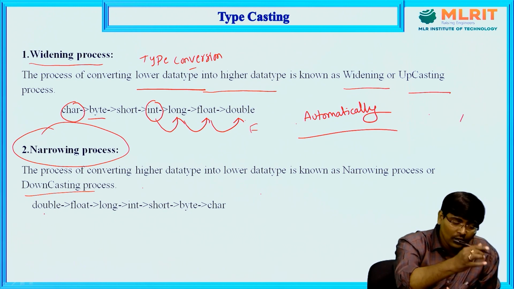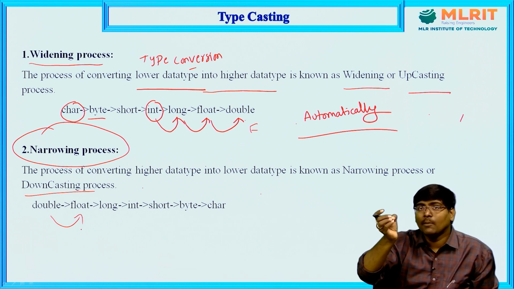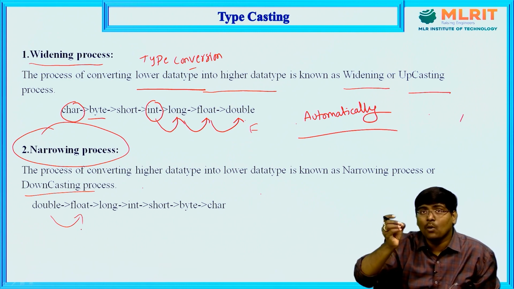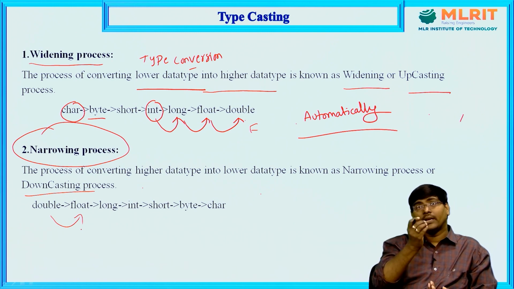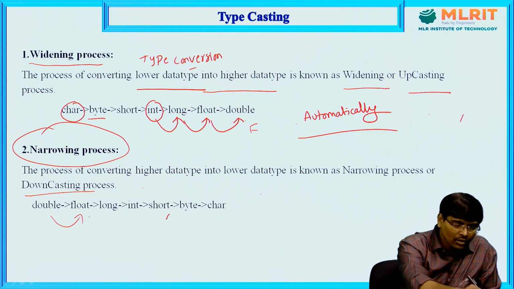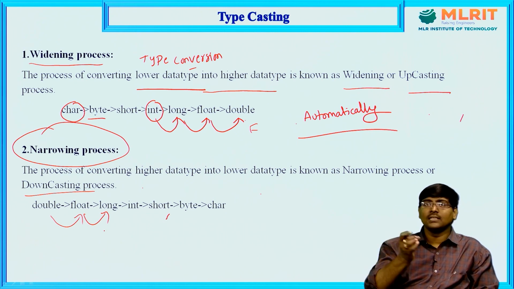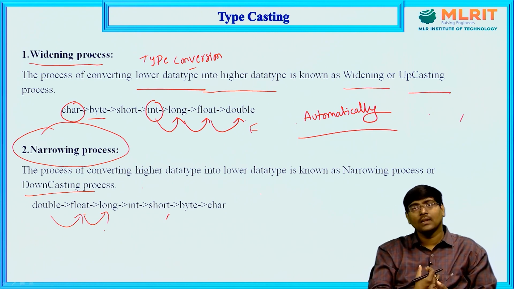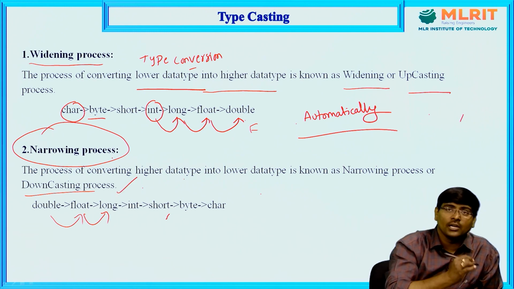If you want to convert a double value into a float value, a double variable can store 14 decimals after the decimal point, but a float can store only 7. We lose the value. For example, if you want to convert float into long, a floating number has a decimal point, but a long doesn't have any decimal point. We lose that information.